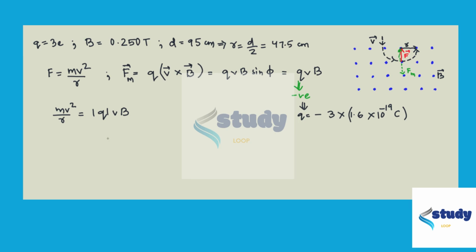The mod of q will just have the positive part. So we solve for v now. v will be equal to mod q times B times r over the mass.